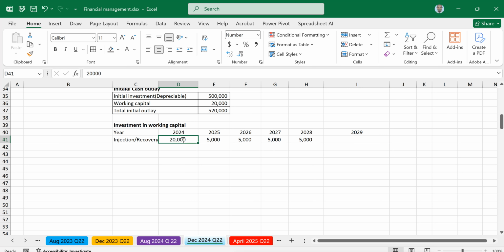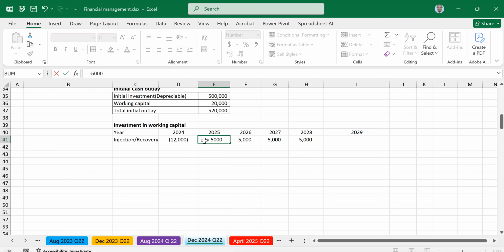Remember, all these are outflows. I forgot to mention, they are outflows, not inflows, so it will be equal sign negative.